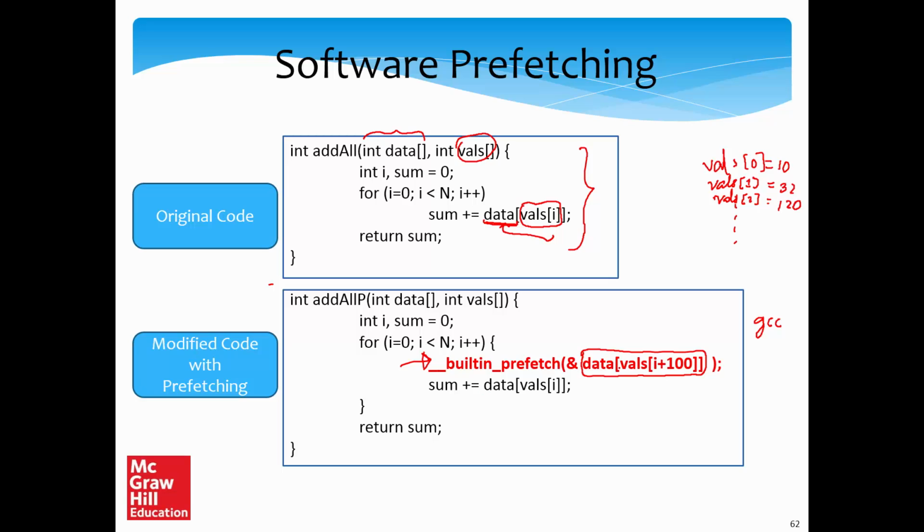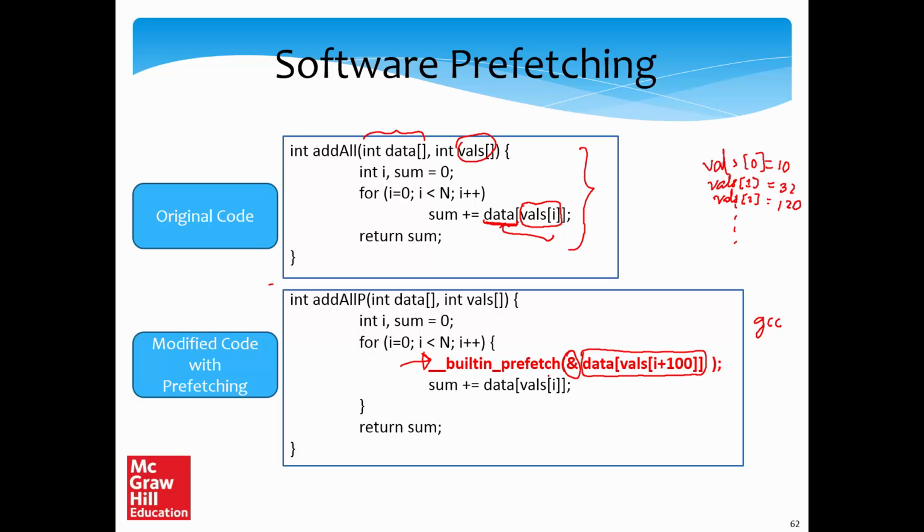The way that this works is that we send a pointer to it, and so the & operator in C essentially creates a pointer, and it gets the memory address. So we get the memory address of this element and we send it to the memory system such that from the lower levels of the memory system, we can get the data back up to the upper levels.